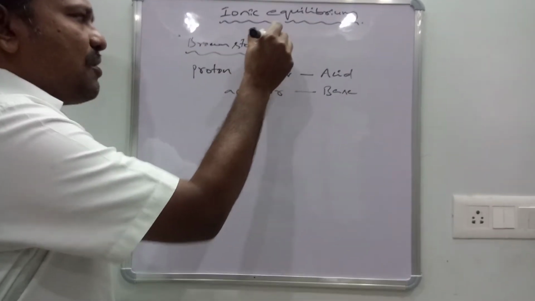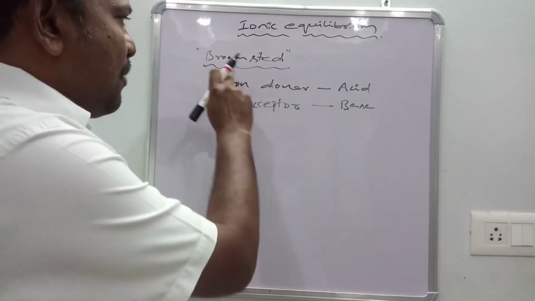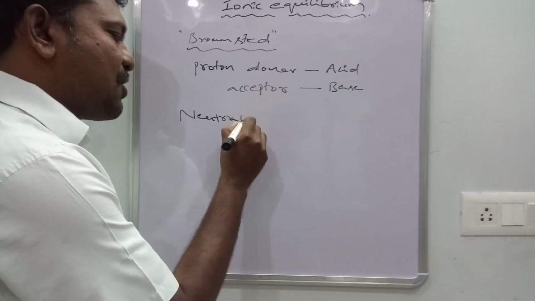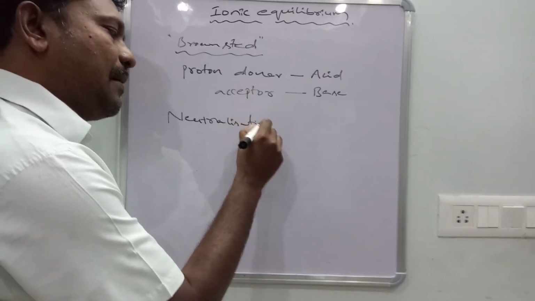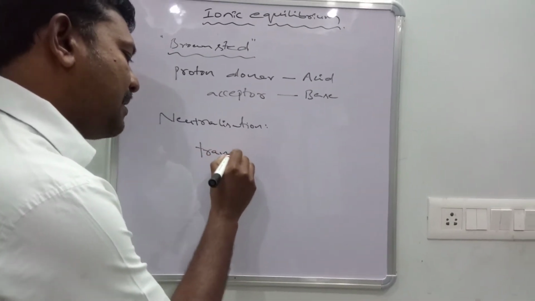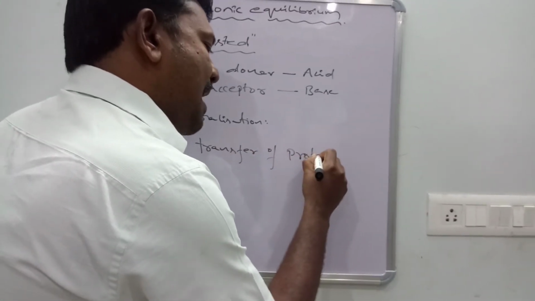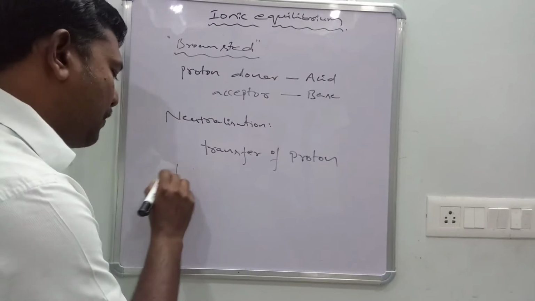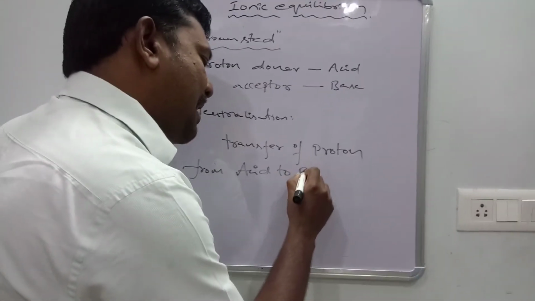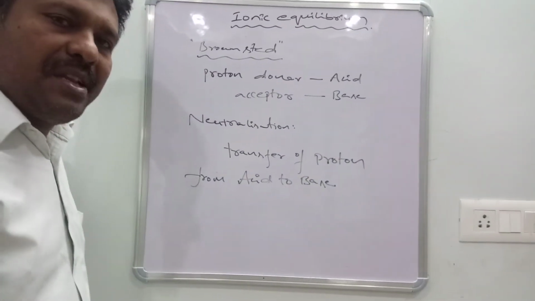According to Brown-Lowry acid, many new points will come, so listen carefully. According to Brown-Lowry acid base theory, what is the meaning of neutralization? Transfer of proton from acid to base is known as neutralization according to Brown-Lowry acid base theory.